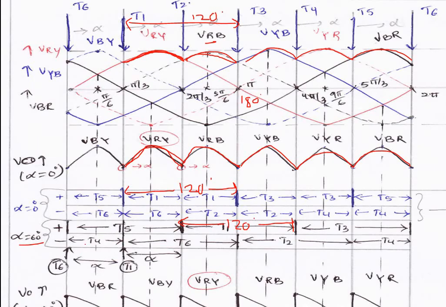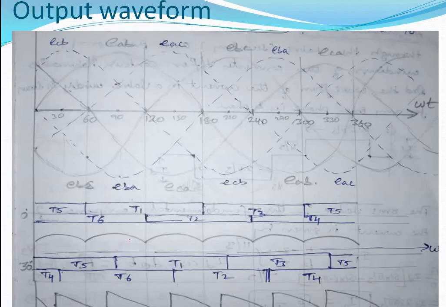So you will get clearly, and if you want more, see the graph here again at 60 degrees; this is more positive. For more clarification, I have presented one more graph.